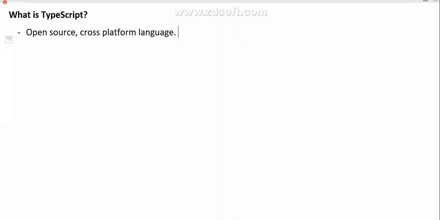TypeScript was originally introduced by Microsoft. TypeScript belongs to Microsoft as a part of its technology, .NET.